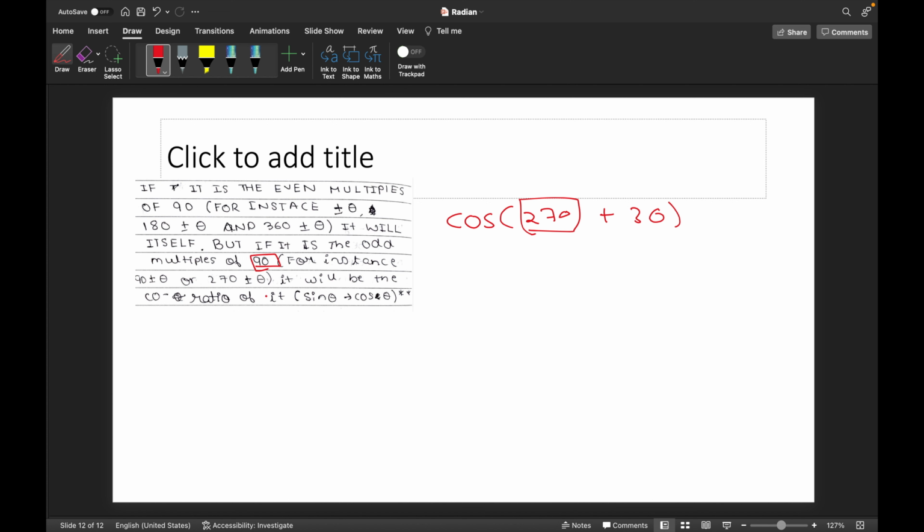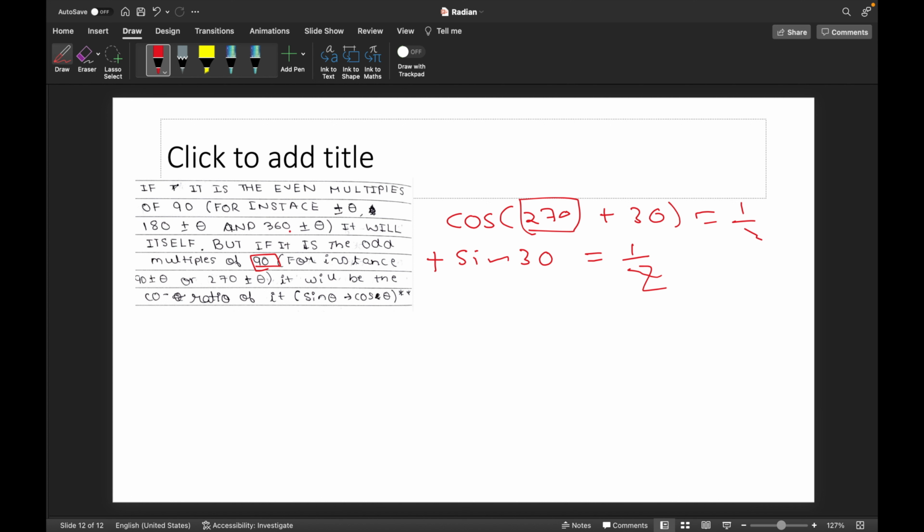So it will be the co-ratio, which is sine. So it's going to be sine 30. And this is in the fourth quadrant, so it's going to be plus. So if you plug the value of cos 300 into your calculator, you'll get 1 by 2. And this will also be 1 by 2. So this is how you use this information.